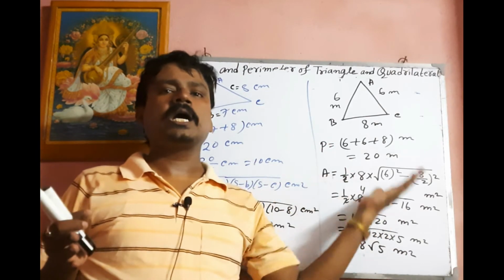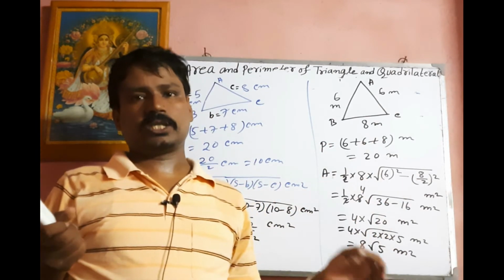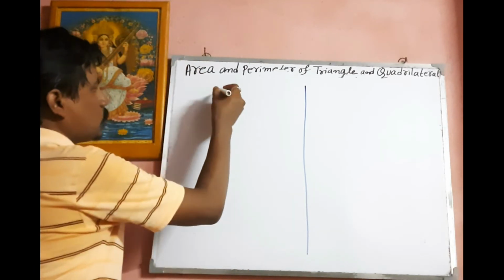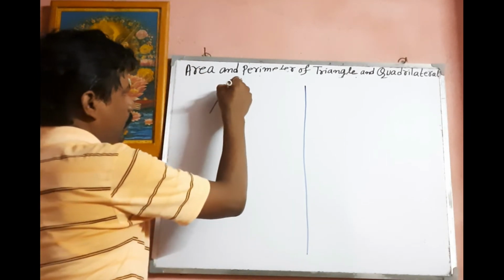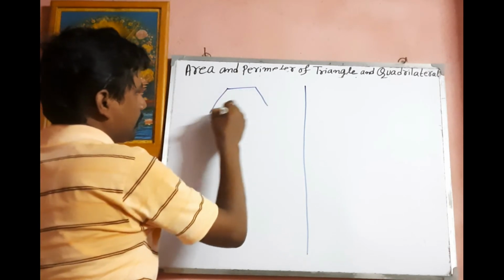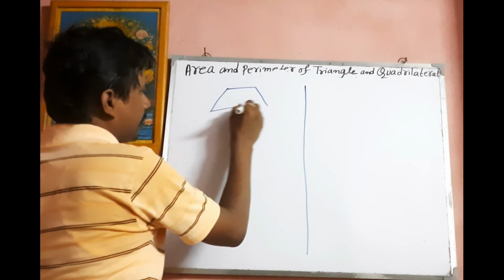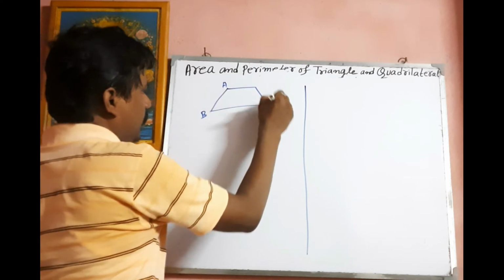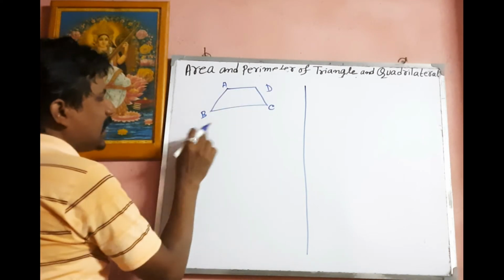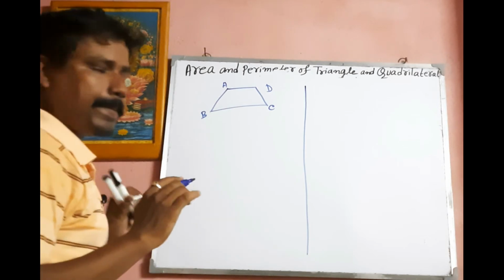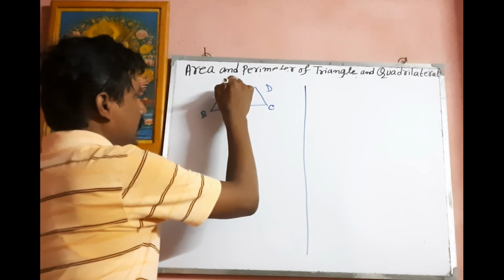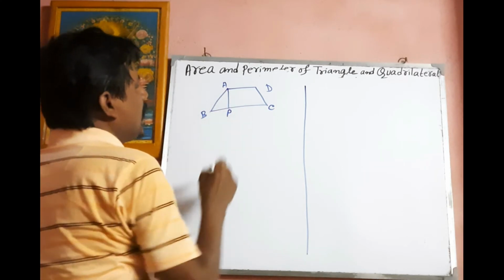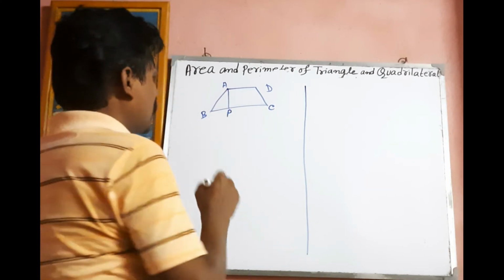Now we move to the quadrilateral section. Now we are discussing examples of quadrilaterals. At first we are discussing the trapezium. Now ABCD is a trapezium, and BC and AD are parallel sides and AP is a perpendicular.